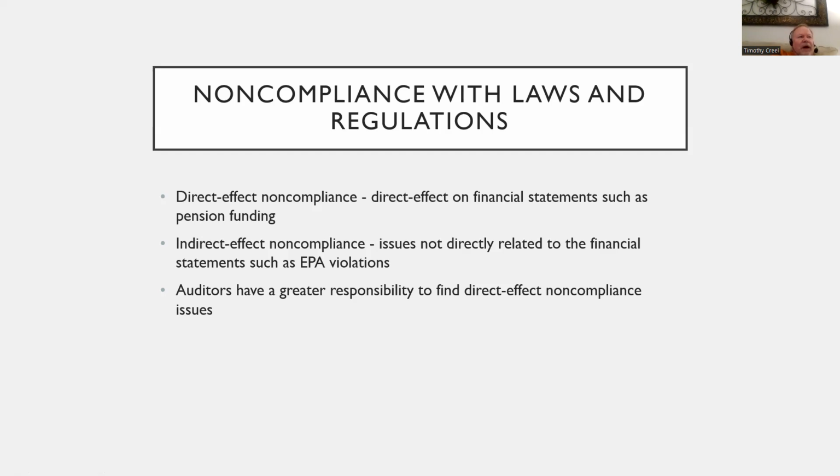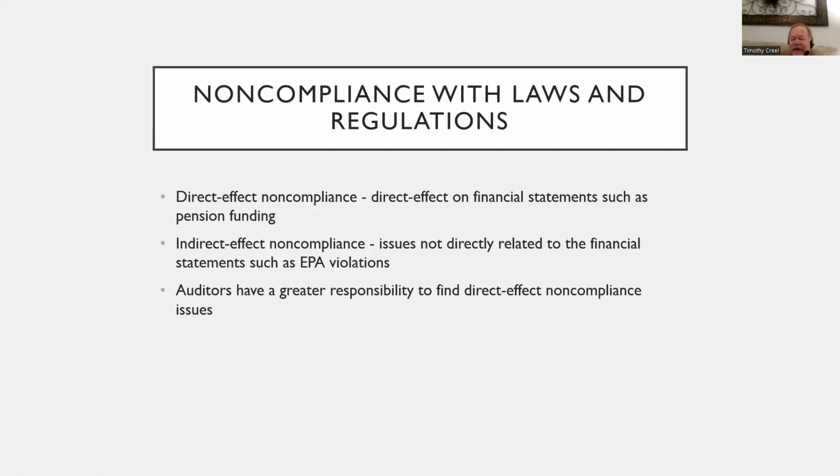But there could be some other things that you run across in the course of doing your audit, and that's what we're discussing in this slide. So direct effect noncompliance, direct effect on financial statements such as pension funding. If you find an error that would affect the financial statements, then that would be a direct effect noncompliance.